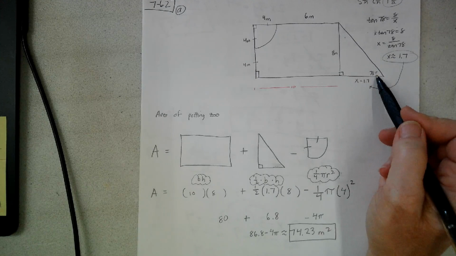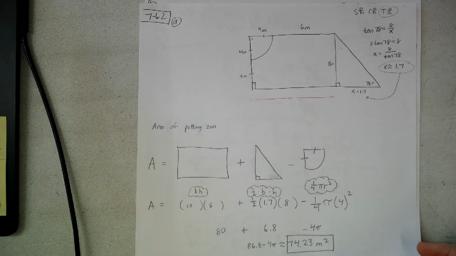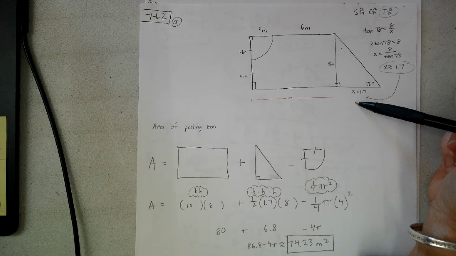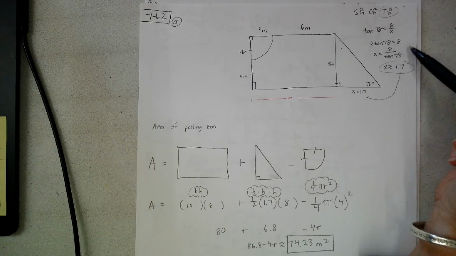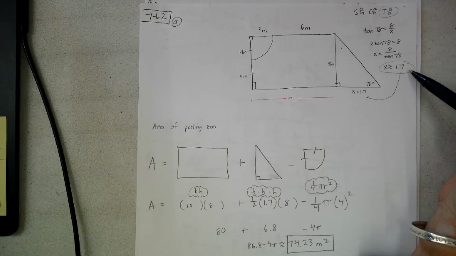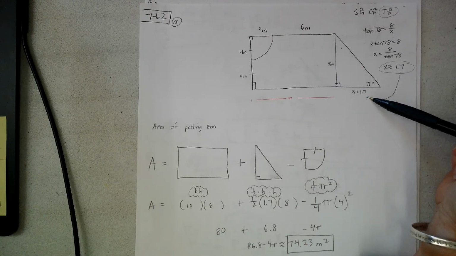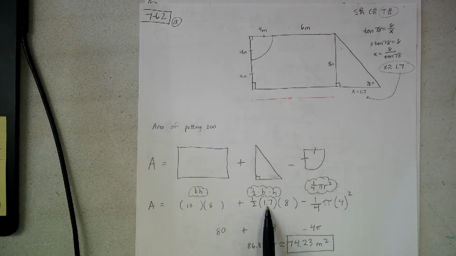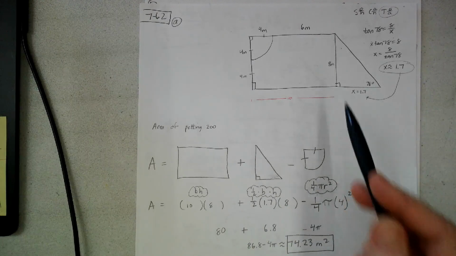And we had the 78, so I looked at my SOHCAHTOA and I saw that I could use tangent, opposite over adjacent. So I did that, and I got 1.7. I put that in for my base of my triangle, because right now I'm just doing the area. And then my height was 8.